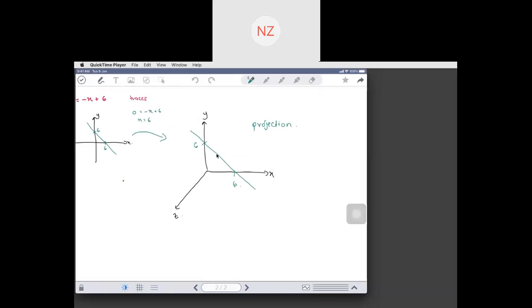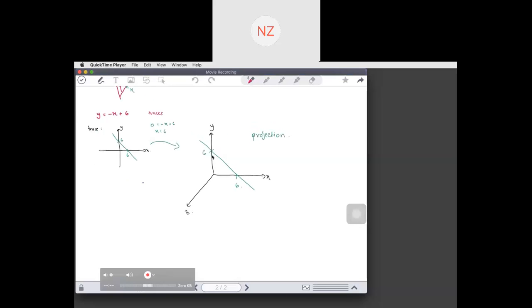For that, you have to imagine. Before I proceed with the projection, I want to ask you: on the trace, which variable is missing? Z. Okay, Z is missing, meaning that in 3D you are looking from the Z axis.